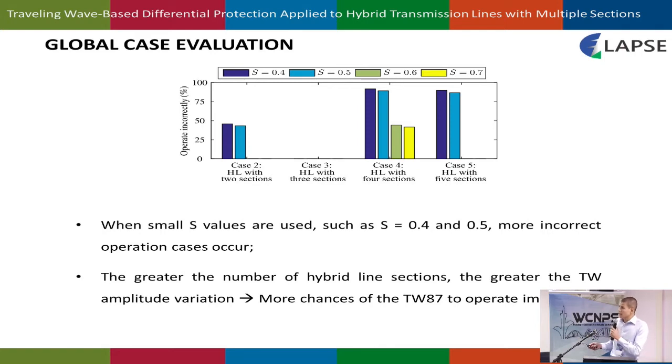It is noted that when small slope values are used, such as slope equals 0.4 and 0.5, more incorrect operate cases occur. And the greater the number of hybrid line sections, the greater the TW amplitude variation. Consequently, more chance of the TW87 to operate improperly.